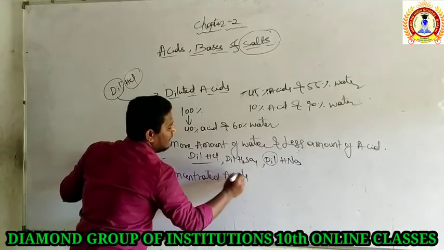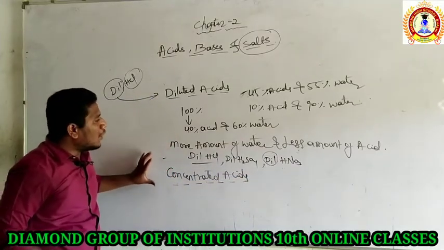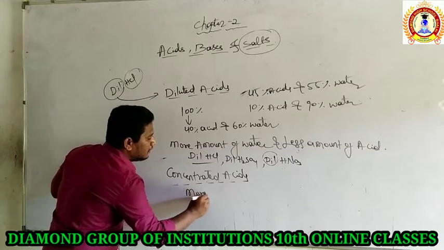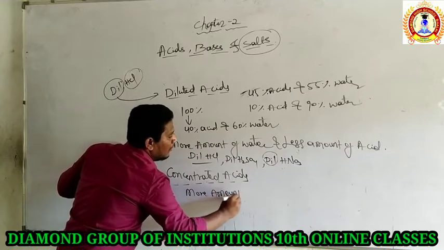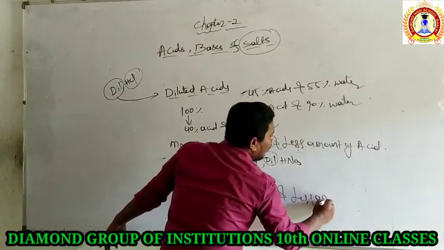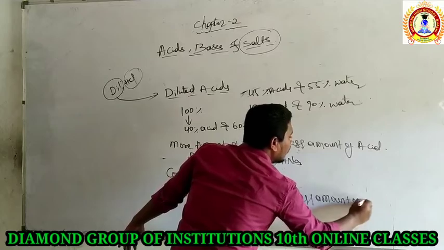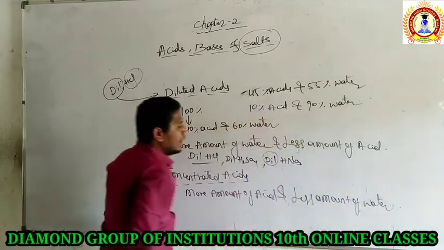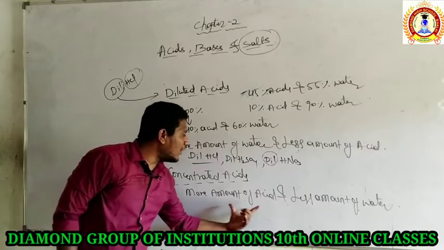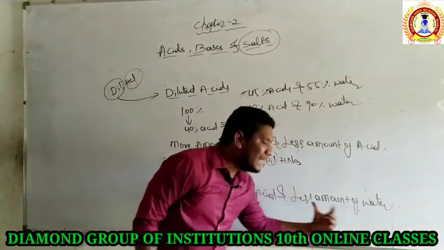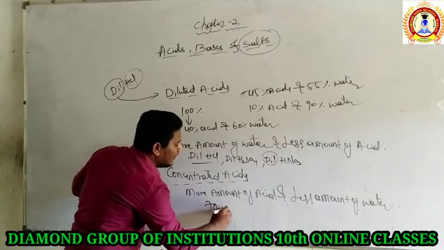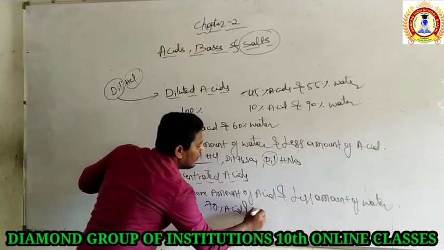In a concentrated acid, there is more acid and less water. If a solution contains more acid and less water, that kind of acid is known as a concentrated acid. Example: 70% acid and 30% water.